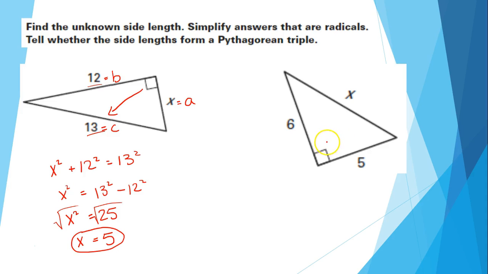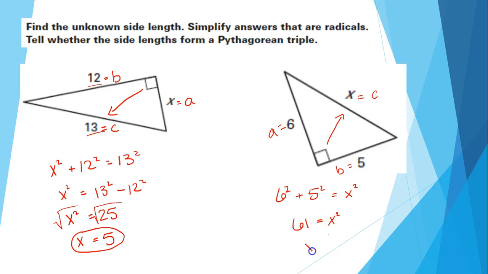Now let's do it again. This is our hypotenuse, so our C. I'm going to name this our A, and this is our B. So A squared plus B squared equals C squared. And then this here gives me 61 equals x squared.